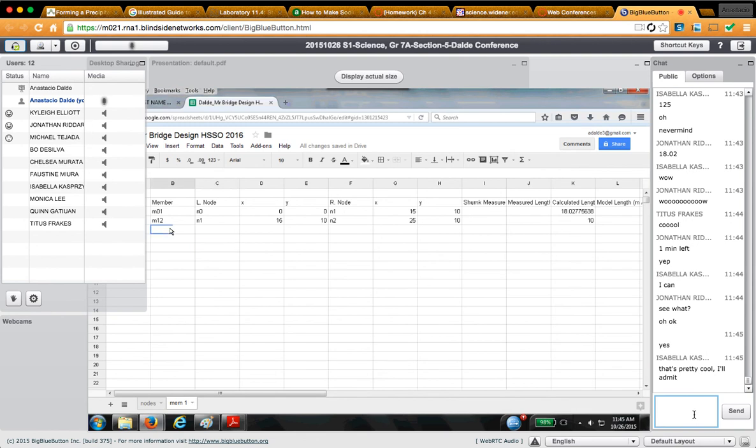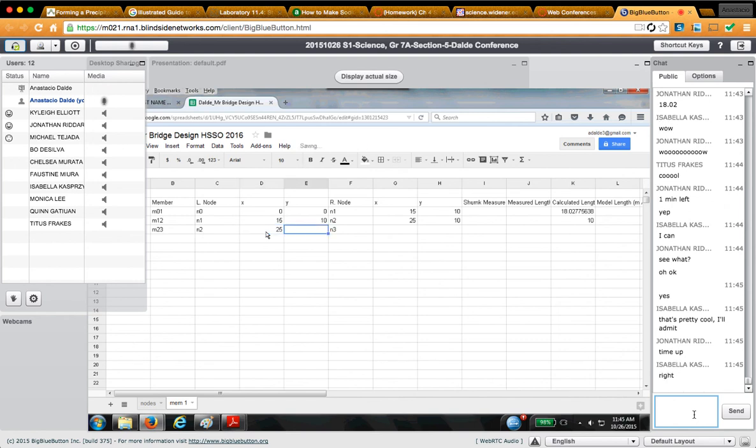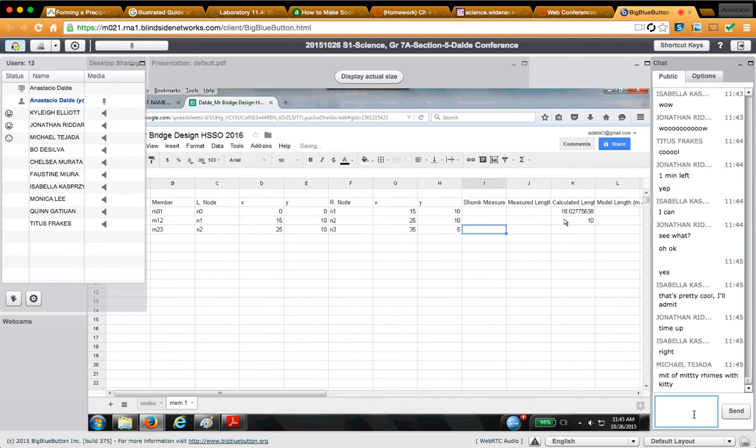So member 2, 3 was going from node 2 to node 3. The coordinates of node 2 was 25, 10. The coordinates of node 3 was 35, 5. And I'm going to click on this equation over here. I'm going to go to the bottom right-hand side of it. My pointer will change into a little plus crosshairs.